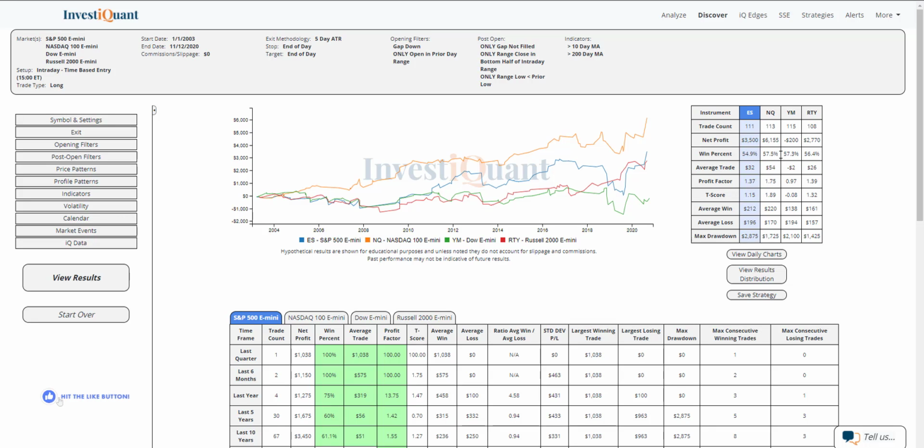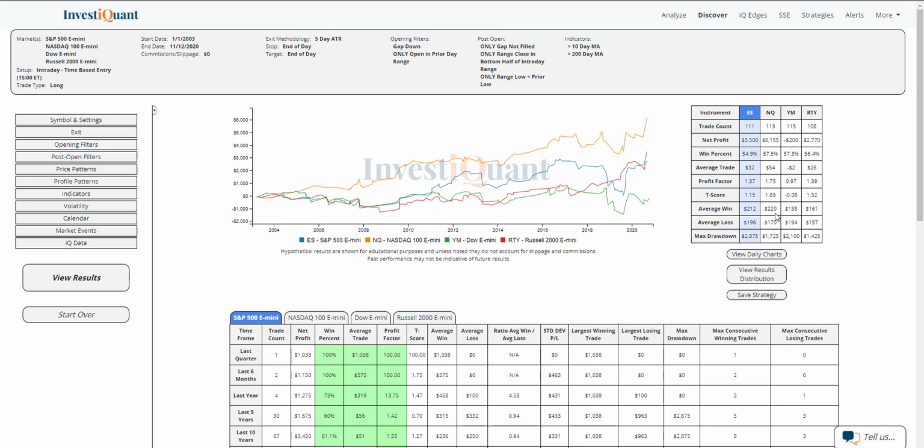And if we take a look at the win rates on here, just a slight lean to the long side on all four of these. Not really strong numbers, but S&P coming in 55%, the NASDAQ a little bit stronger at 58%. The Dow 57% and the Russell 56%. So a little bit of a lean on the long side. If we look at the average win, average loss, looks like fairly similar in size here in the S&P.